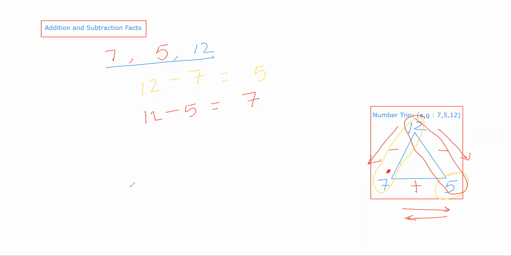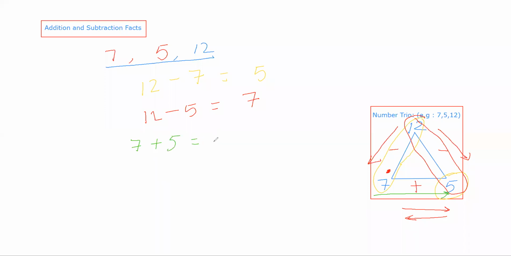After this, I am going to find out my two addition facts, which I can find on the bottom of the triangle. So this time I am going to read my bottom number. First let's go in this direction. 7 add 5. So let's write 7 plus 5.